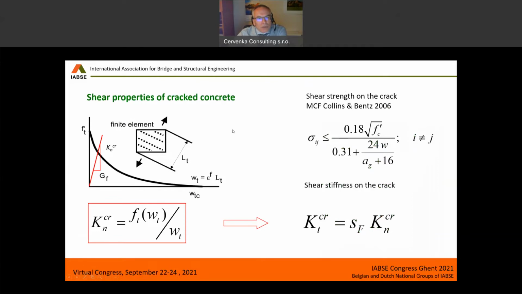Well, in addition to this standard normal behavior, we also have to address the situation of shear stiffness of the cracked concrete, and shear strength of the cracked concrete.